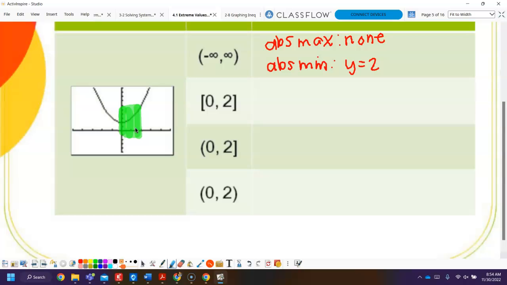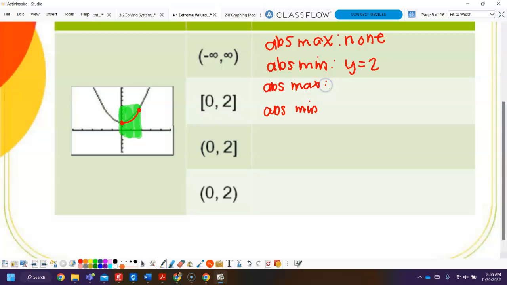The answer is yes, because at 2, the graph has reached a maximum height. Because the graph is increasing from 0 to 2, including 0 and 2, at 2 we've reached our highest peak. So now I have an absolute max and an absolute min because I have a restricted domain.